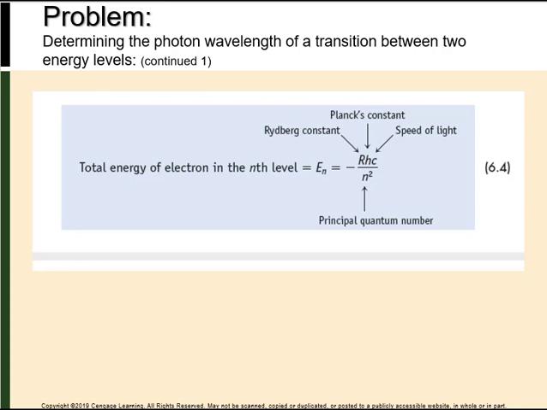Now remember, an electron where n is equal to 1 is located in the orbit that's closest to the nucleus and has the lowest or most negative energy. And as the value of n increases, the distance of the electron from the nucleus increases, and the energy of the electron becomes higher or less negative.